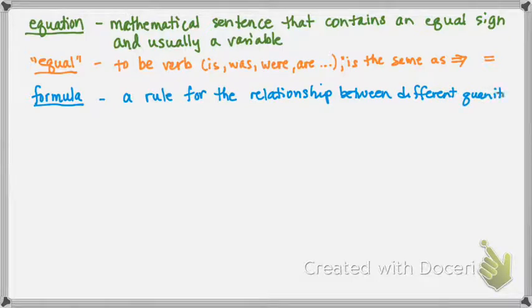So that's a fancy word for saying it could have lots of different variables. So we have formulas for converting Fahrenheit to Celsius and vice versa. We have formulas for areas and perimeters for certain shapes. We have formulas for surface area, volume. We have formulas that deal with distance versus speed and time. We have acceleration formulas. We have a ton of formulas, okay?